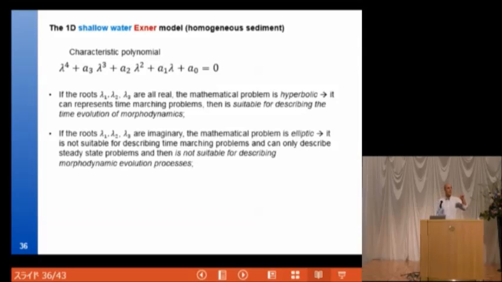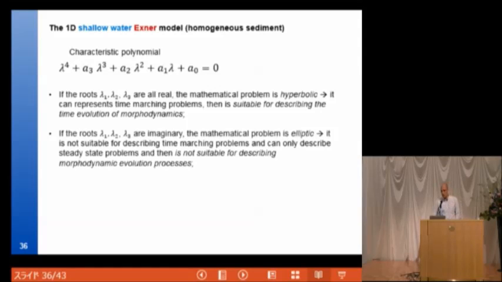If the roots of this polynomial are all real, as in all the cases that I showed before, the mathematical problem is hyperbolic, and it can represent a time marching problem, so it can detect morphodynamic variation. If the roots are complex, the mathematical problem is elliptic, and it's no longer suitable for describing a time marching problem.